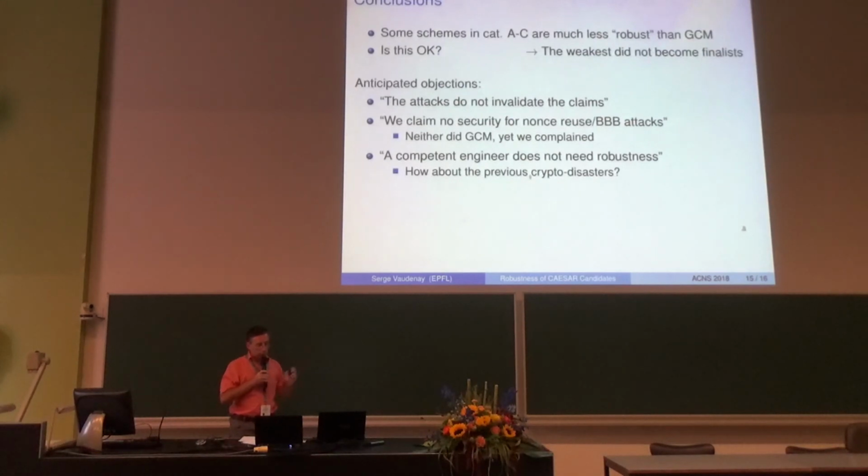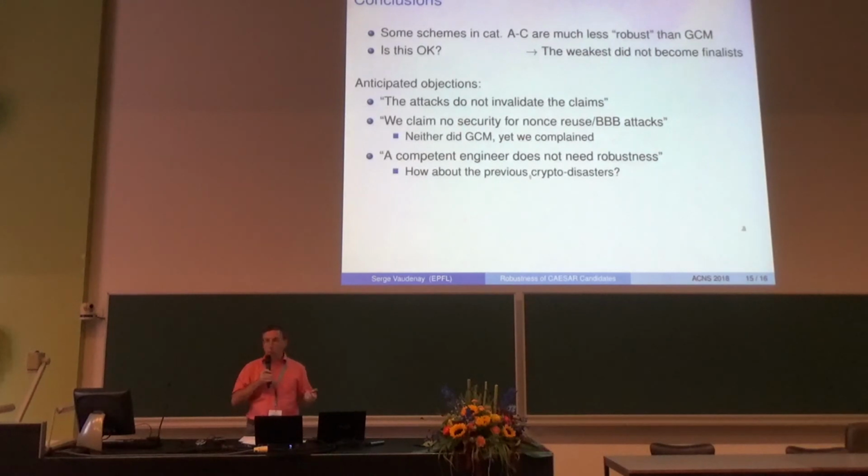And another comment that we receive is that a competent engineer doesn't need robustness. Okay. So we have seen that these problems due to misuse happen. I wonder if it implies that there are no competent engineers. I don't think so. I think there are many competent engineers. Nevertheless, this problem of robustness is a real problem.